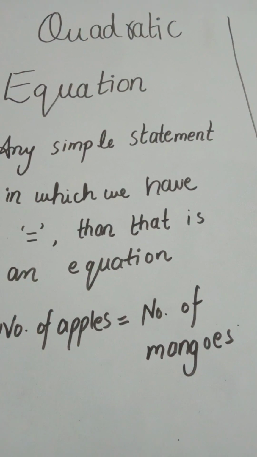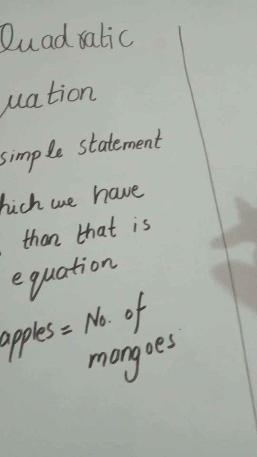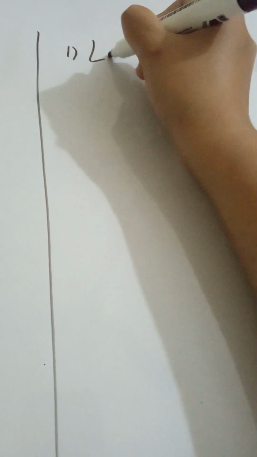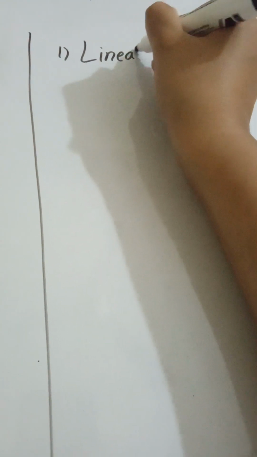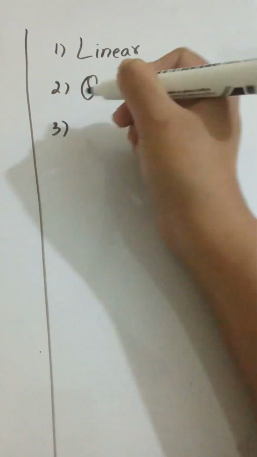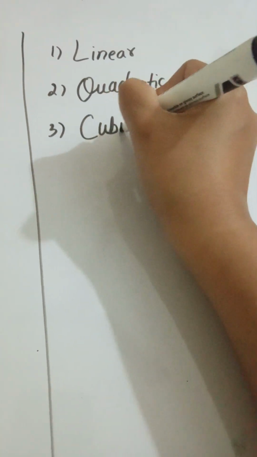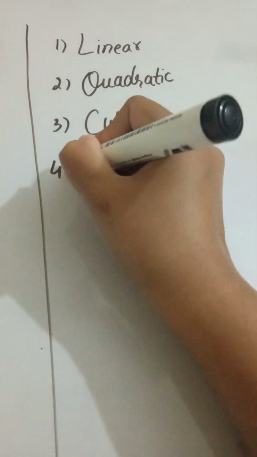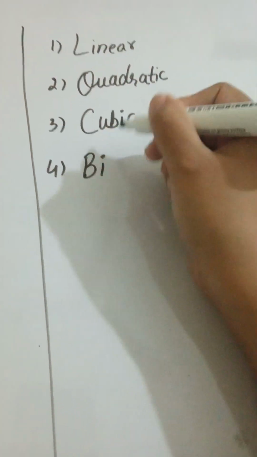Now we talk about some different types of equations. Different types of equations we have: linear equation, quadratic equation, cubic equation, and biquadratic equation.